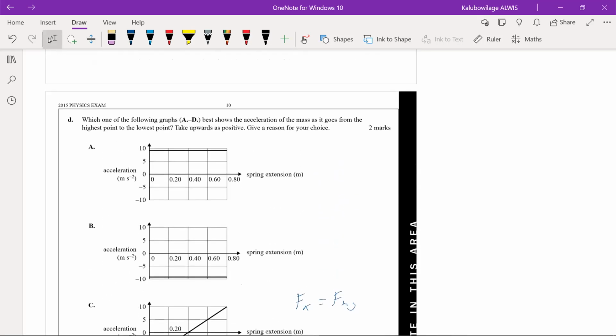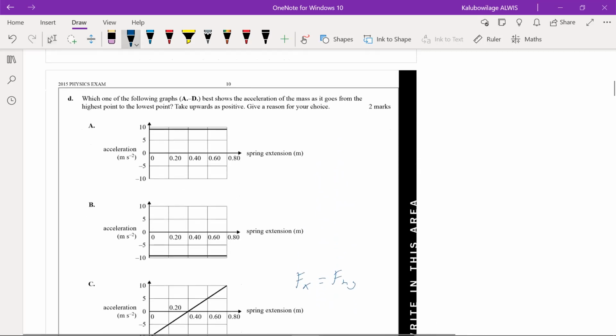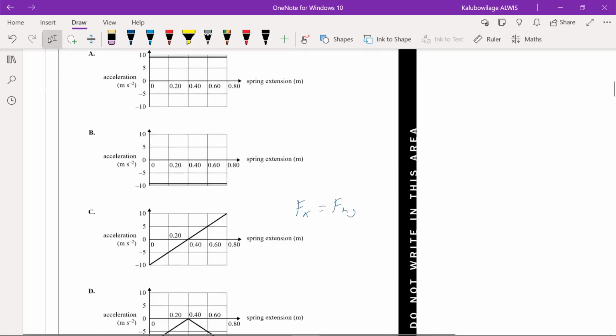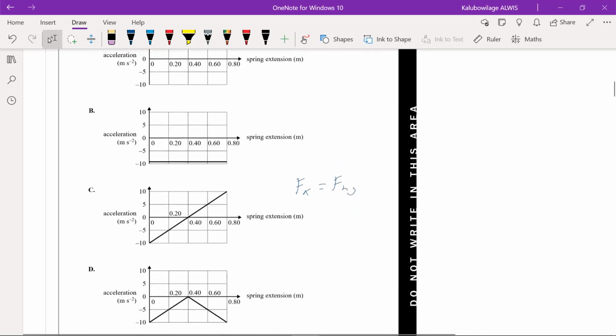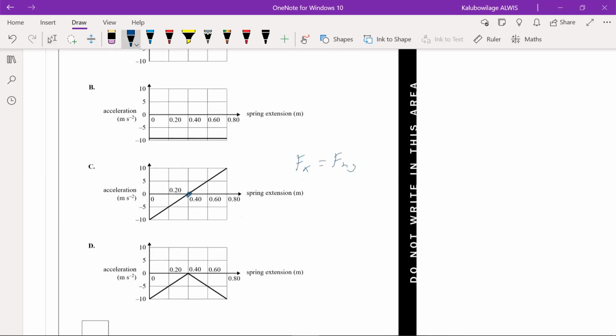And you might think that acceleration is constant, but at the midpoint, the force from the spring and the gravitational force will be equal, and acceleration will be 0.